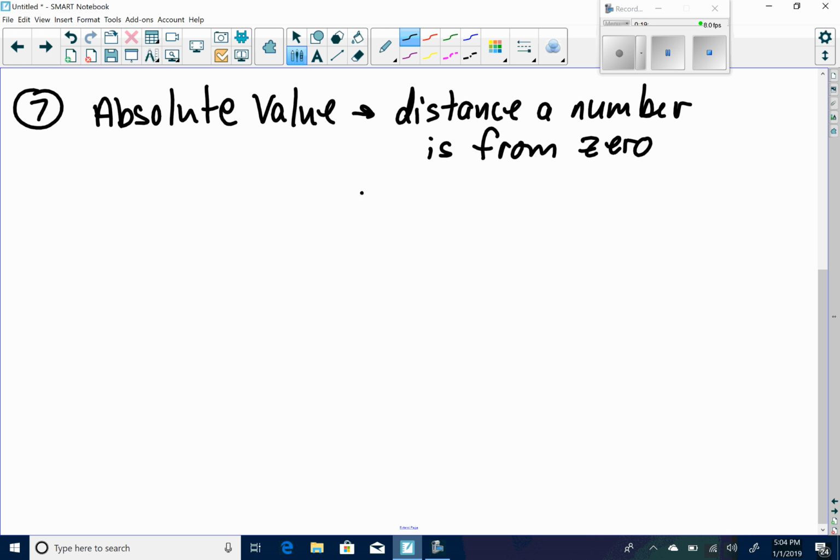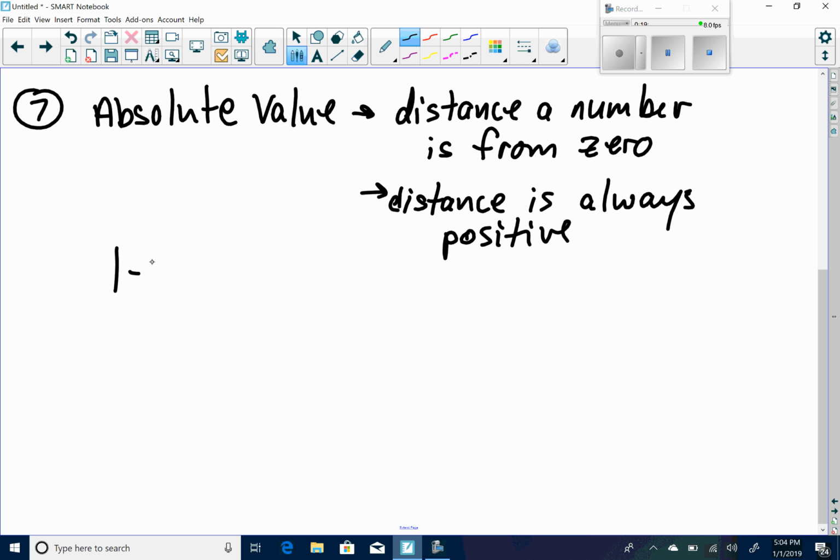And distance is always positive. So if I have the absolute value of -3, that's just going to turn out to be a +3 because -3 is still 3 units away from 0. If I have the absolute value of 2, that's still going to just stay a +2 because 2 is still just 2 units away from 0.